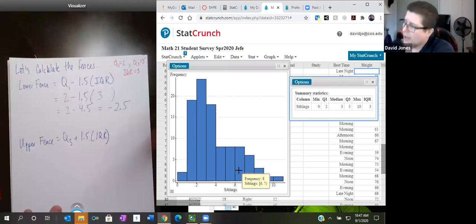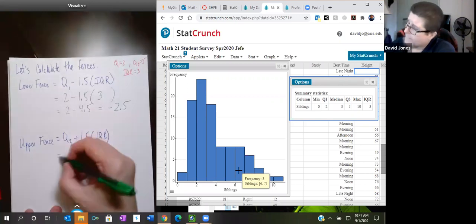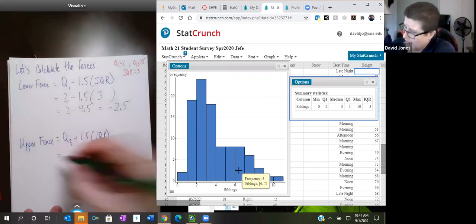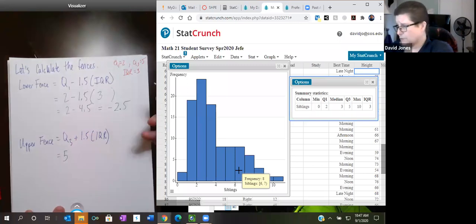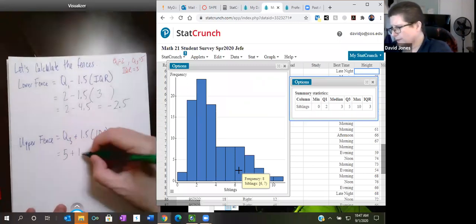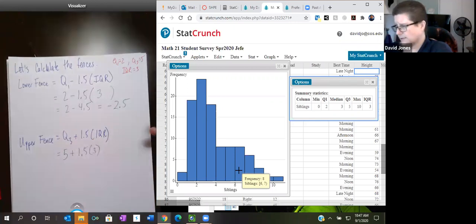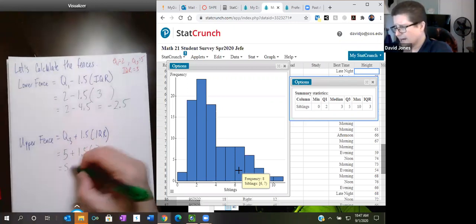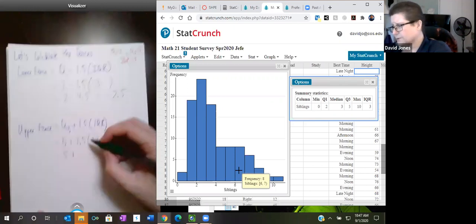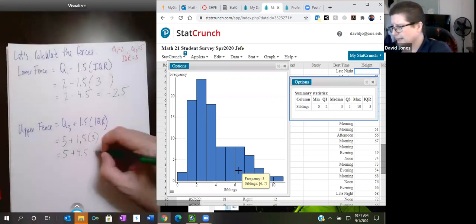Okay. Upper fence, we had Q3, 5, plus 1.5 times the IQR of 3. That's 5 plus 4.5 equals 9.5.